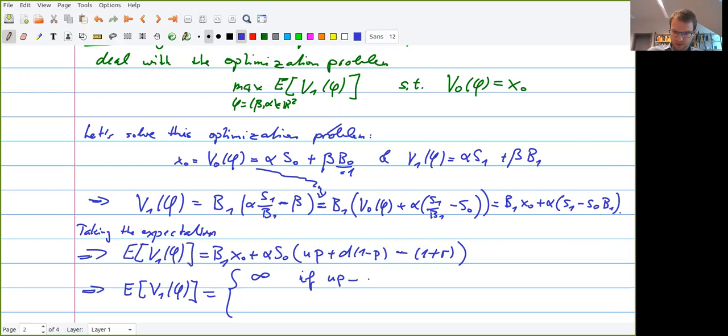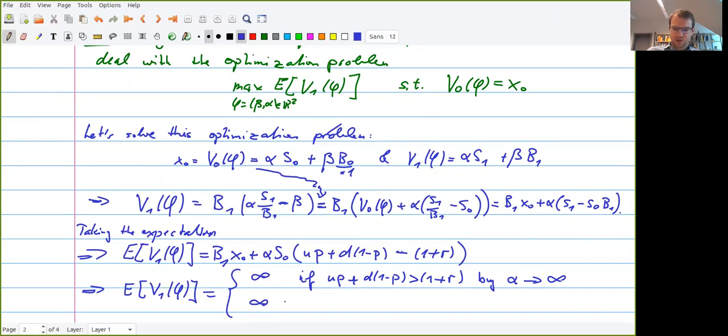So if I assume that up-probability times u plus 1 minus p times d is bigger than 1 plus r, I can choose my alpha arbitrarily big and let it go to infinity, so my expected value goes to infinity.